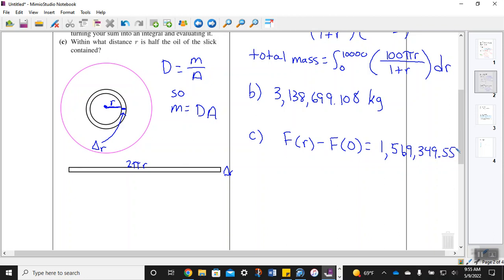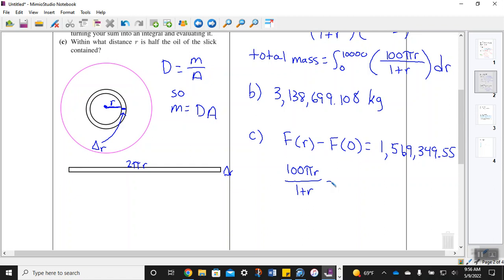We're saying that there's some upper limit, not 10,000 meters out there anymore, but a certain distance r meters out from the center, which we call 0, which would equal this value. Now guys, I don't know what F of r is, okay? But this is kind of like our function for r right here, isn't it? Or our integral to find that. F of r can only be defined by putting r in for r. So this F of r would be the 100 pi r over 1 plus r minus, okay guys, if I go into that integral function where we have 100 pi r over 1 plus r, if I throw 0 in for r, what do we get out?